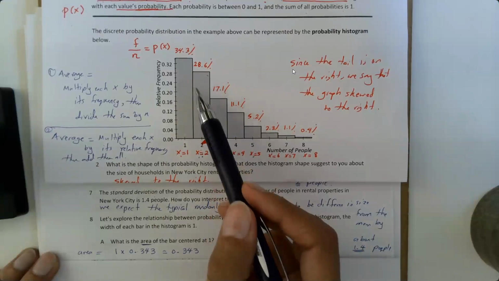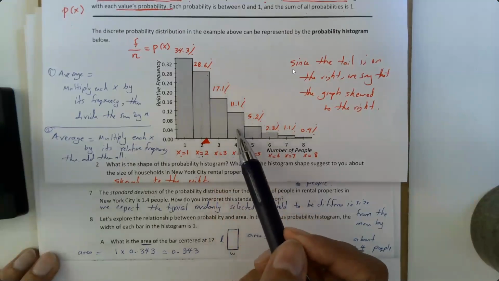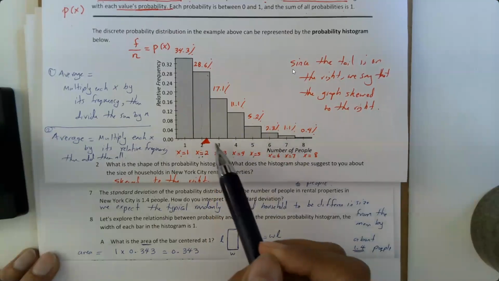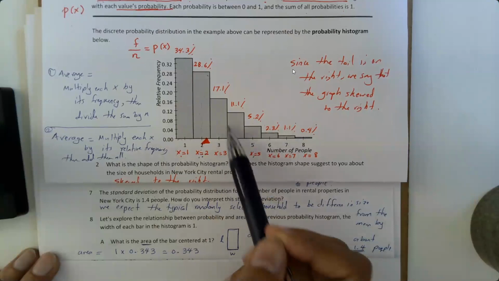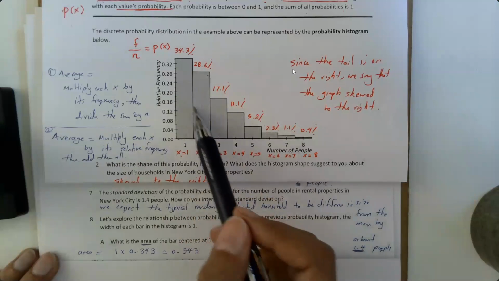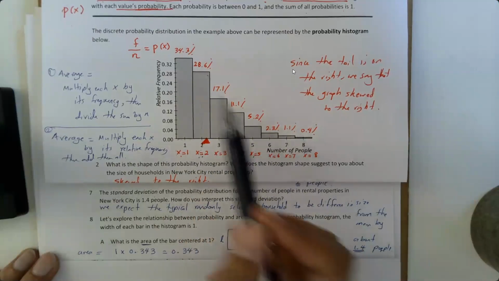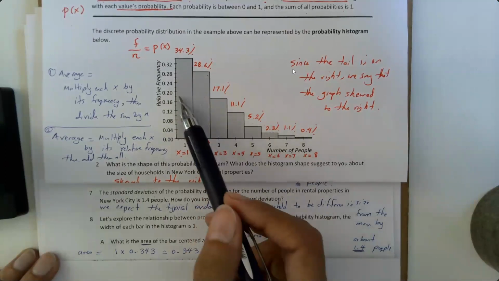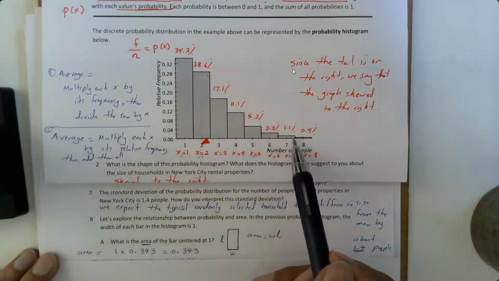We can continue this process, adding all of these probabilities. Note that the width is 1, that's why we just focus on probabilities as the area. Adding all of these together gives the total area of this probability distribution histogram.